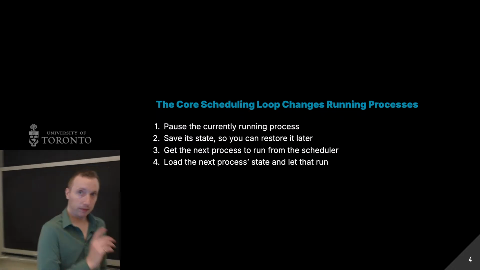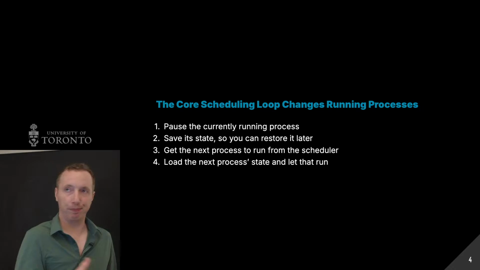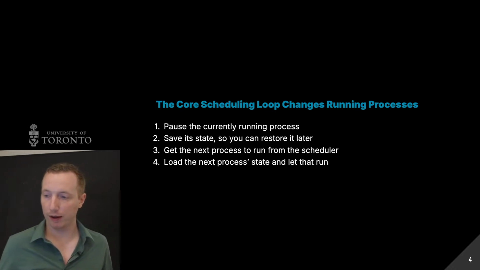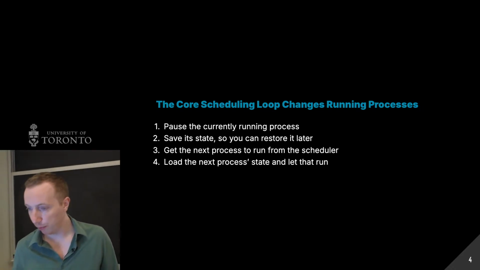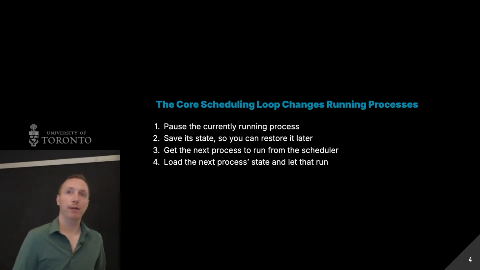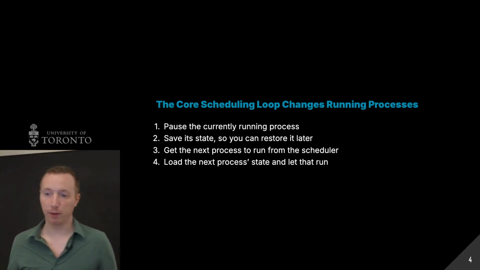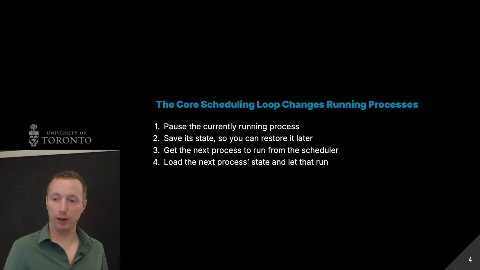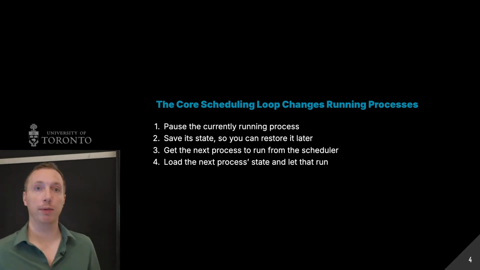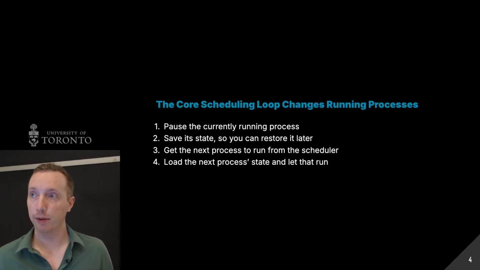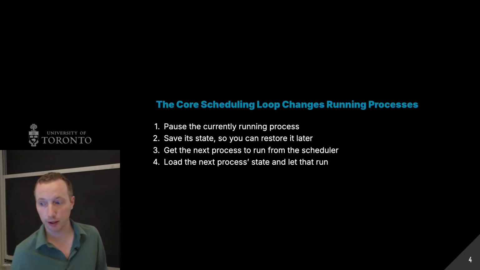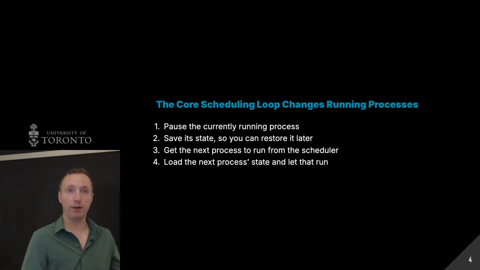The core scheduling loop, or how you deal with processes in the kernel, is a loop that kind of looks like this. If I know which processes I want to switch between, how I switch is I pause the currently running process. So I take the CPU away from it. It can't execute anymore. I save its state so I can restore it later.